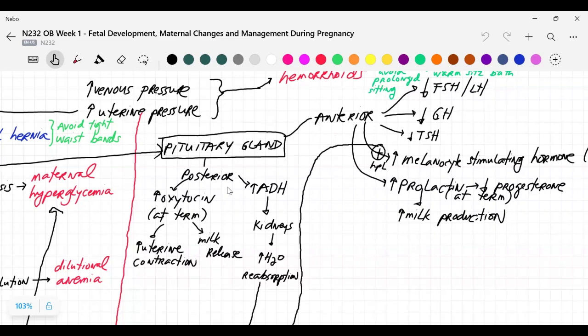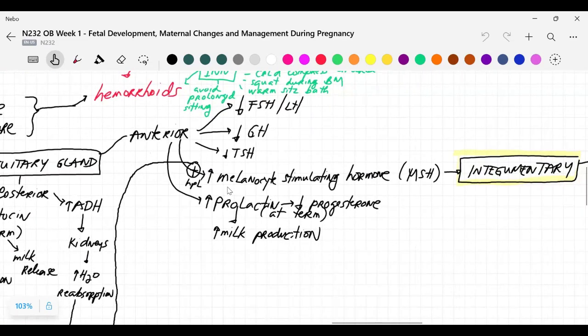It is also responsible for the release of milk. It doesn't produce milk, it only releases milk. Oxytocin is so strong that when a mom hears a baby cry or thinks of the baby, she releases milk, even when the baby's not there. So that's the job of oxytocin.